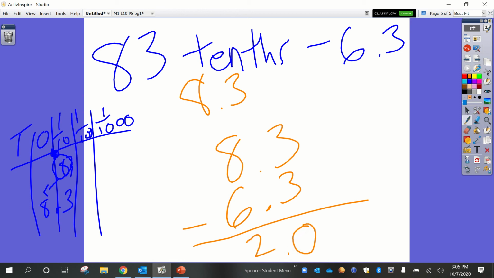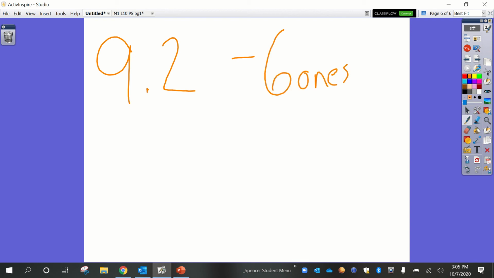So sometimes we have to convert from unit form to decimal form or standard form so that we can solve the problem easily. Let's try another one. Let's do 9.2, or 9 2/10, minus 6 ones and 4 tenths.